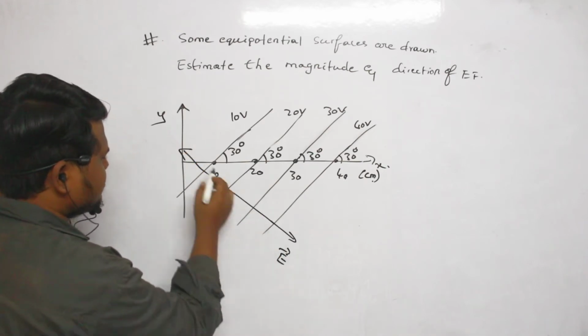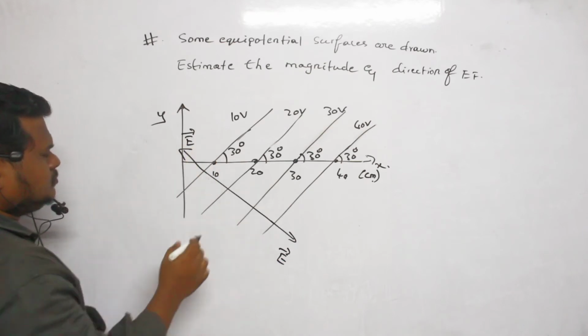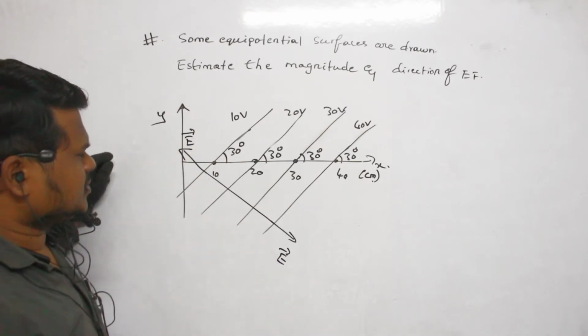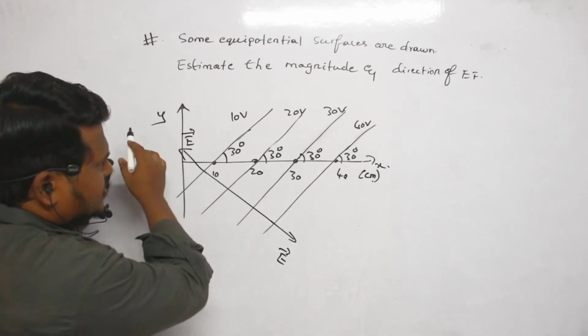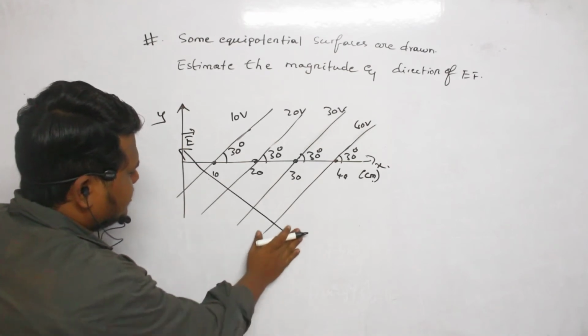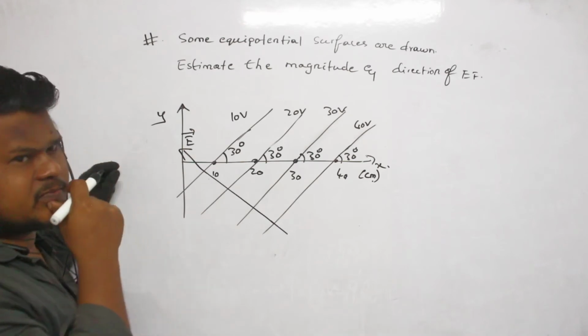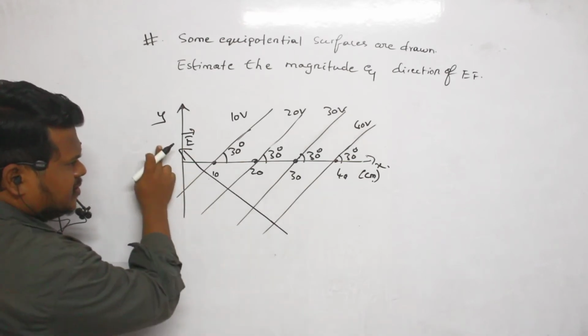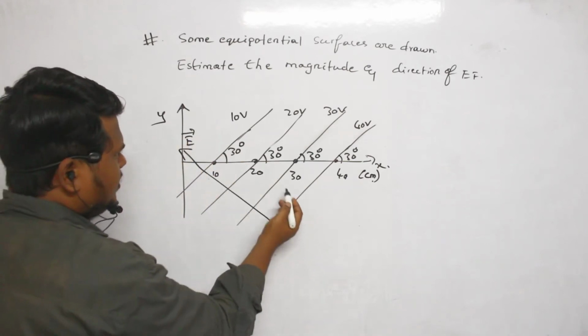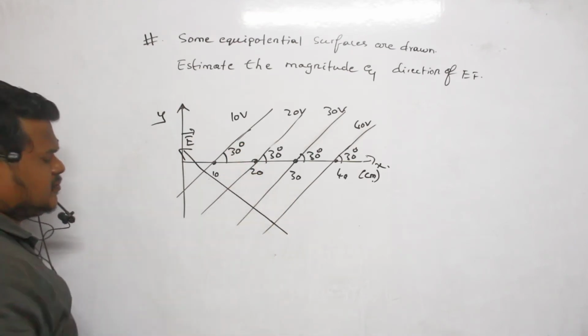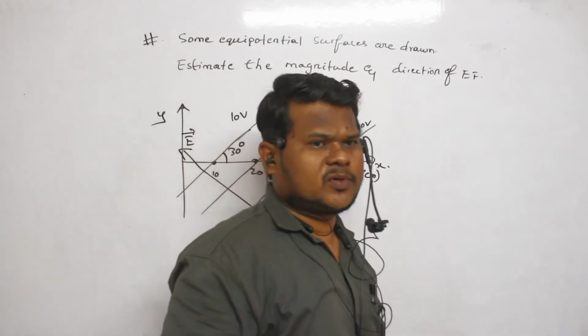Out of these two, which one is correct? This direction is correct because if we move in the direction of electric field, potential should decrease, no? So 40, 30, 20 and 10, potential is decreasing in this direction. Are you able to understand?